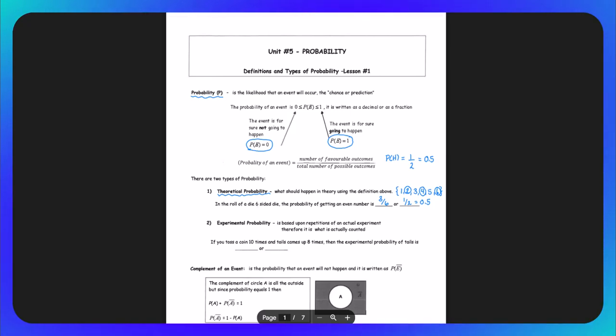For instance, if we tossed a coin 10 times, but we got 8 tails, then the experimental probability of getting tails would be 8 over 10, or as we reduce it down, dividing both by 2, 4 over 5, which as a decimal is 0.8. So we have a probability of 4/5 or 0.8, which is different than what we know from above of getting heads or tails, which was 0.5.